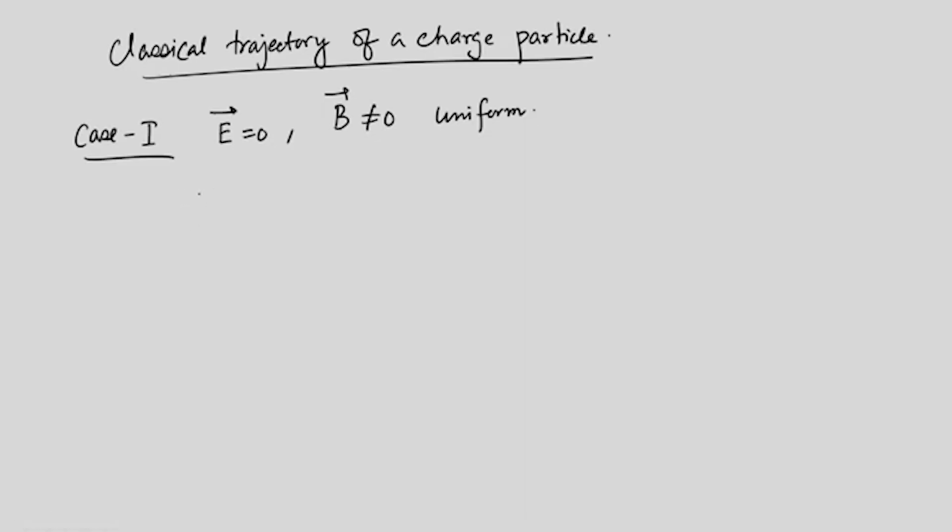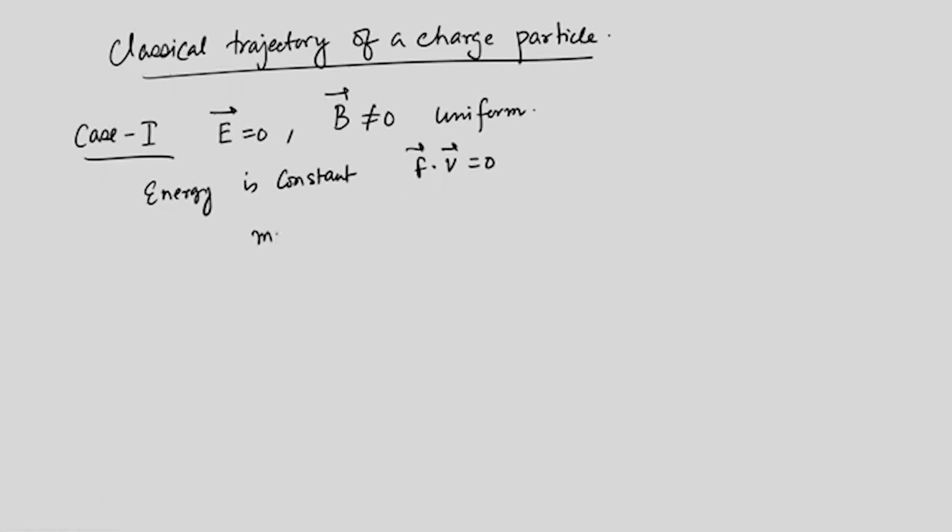Please do not confuse between the electric field E and the energy. Energy is a scalar, and energy is constant because the power delivered is equal to 0, since the Lorentz force is V cross B, and that is why this is equal to 0.